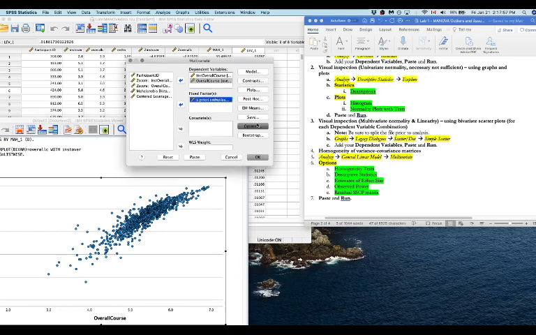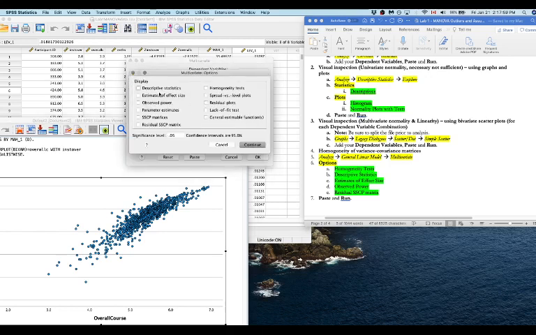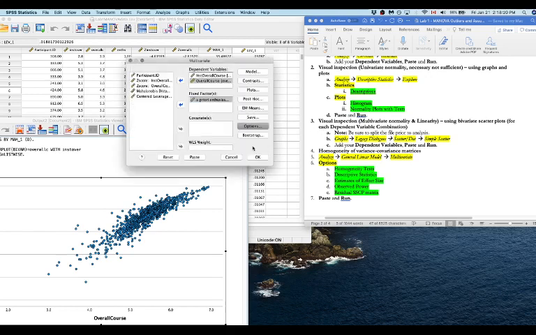And then under options, we're going to ask for a couple things. Descriptives: we already have most of the descriptives, but it sometimes can be nice to have it all in one table. We want homogeneity tests, estimates of effect size, observed power, and the residual SSCP matrix.